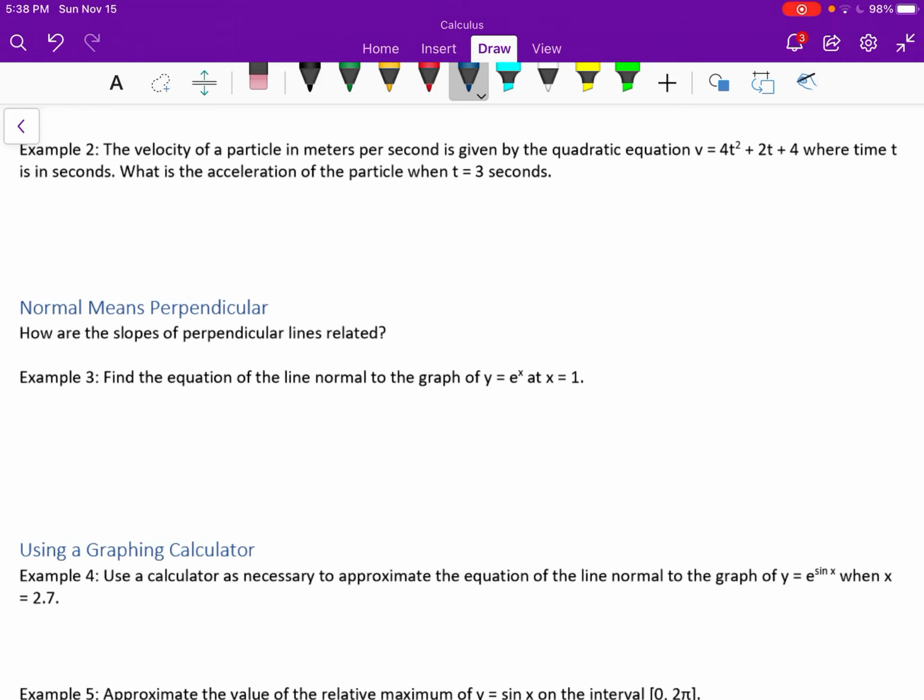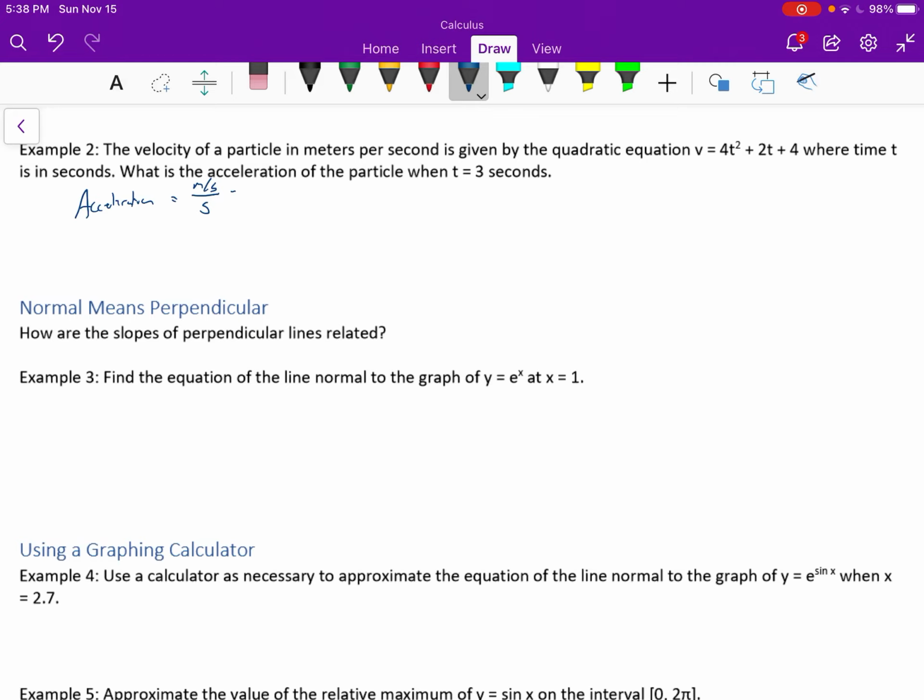So acceleration is kind of our meters per second over seconds in this case. You don't always have to have meters and seconds. It could be other types of measurement, but it's the change in velocity over a period of time.